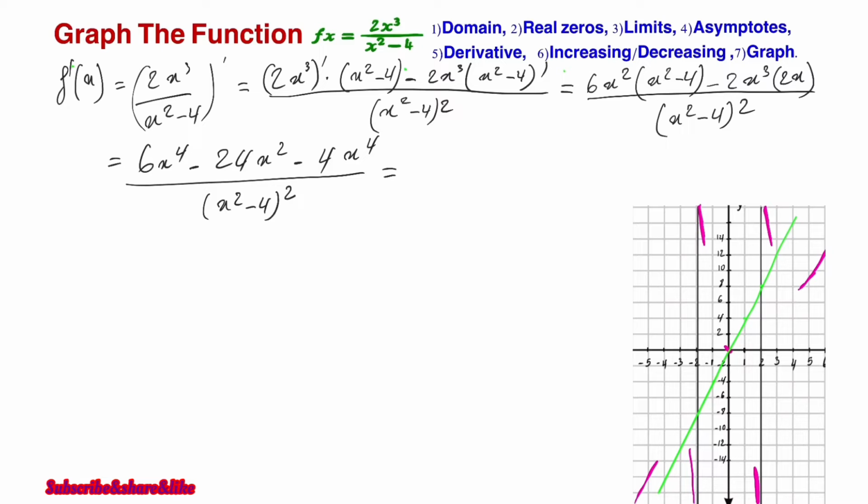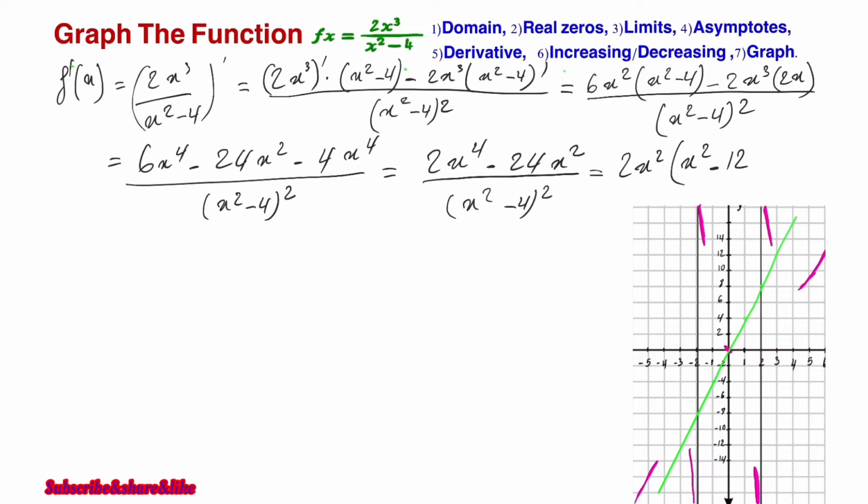And with this together, we will end with 2x to the fourth minus 24x squared over x squared minus 4 squared. And here we can factor by 2x squared, and we will have x squared minus 12 over x squared minus 4 squared. So this is the derivative we will have.